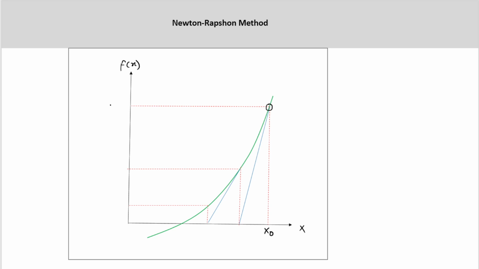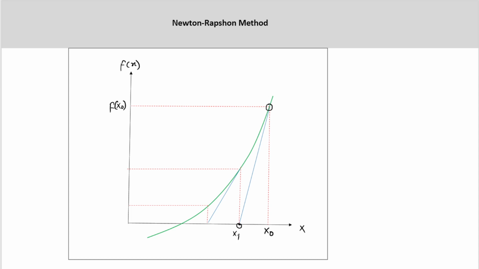The corresponding function value will be f of x naught, let's say, and from here we will draw the tangent and we will see the root of the tangent, where it actually intersects the x-axis.